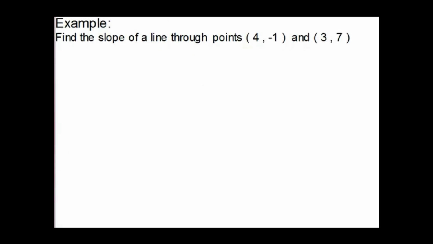Let's look at an example. Find the slope of a line through points 4, -1, and 3, 7. I would first label the points. So we'll call this one point 1, and this will be x1, y1, and 3, 7 will be point 2, so we'll call it x2, y2.